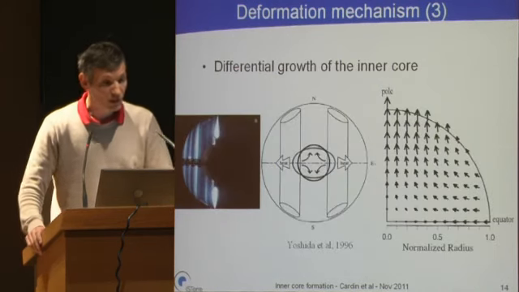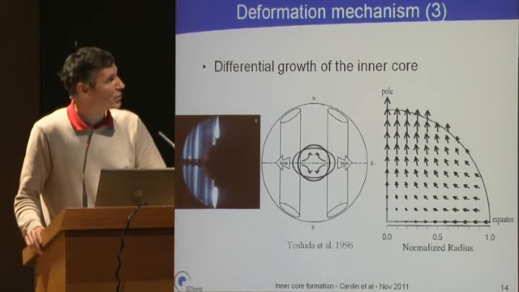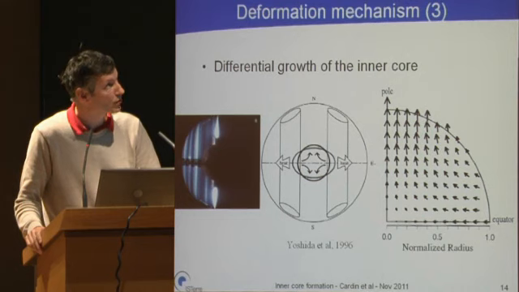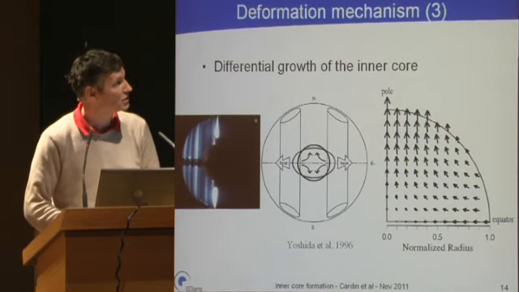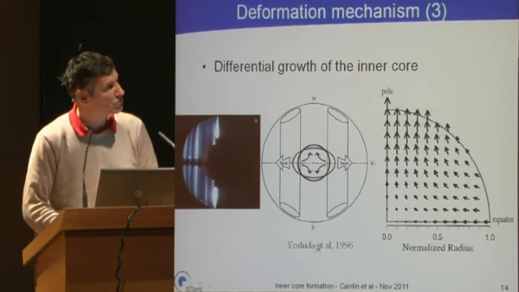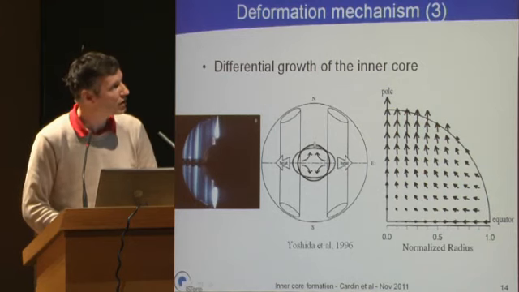And the one I will focus on today is the one associated with the differential growth of the inner core. This has been presented already by a speaker this morning. This model was proposed in 1996 by Yoshida and is based on the heat flux extracted from the inner core at the inner core boundary, which could be larger in the equatorial region than at the pole.